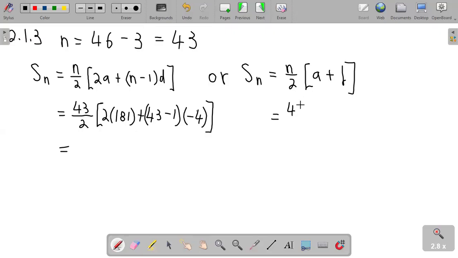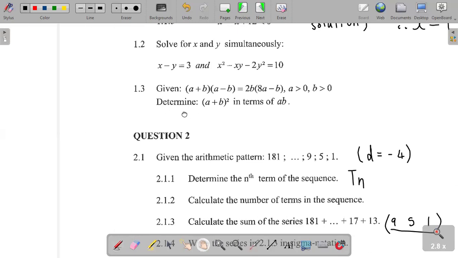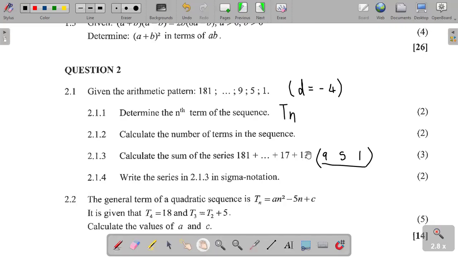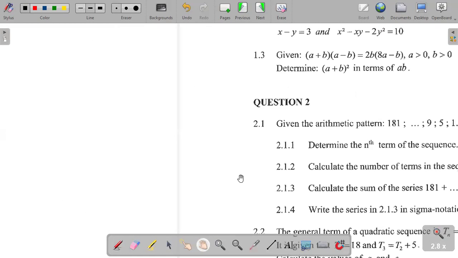And this side is going to be 43 over 2, and then 181, and then plus our last term. It's going to be 13, okay? Because it doesn't reach 1. Our last term in this case is 13, not 1.